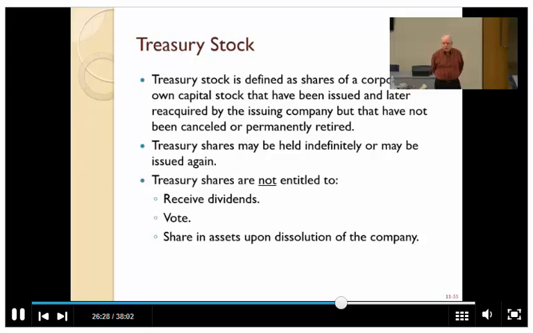If I'm involved in a merger where I'm going to exchange my company's shares for the shares of the acquired company, I have to have the shares available to do it.